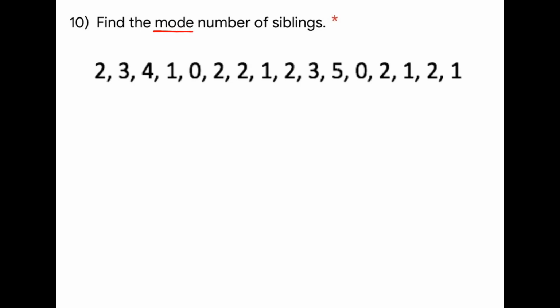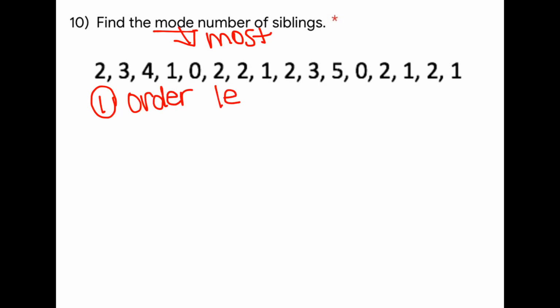Find the mode number of siblings. Once again, mode means most. Step 1, we order from least to greatest. We cross off our numbers as we write them.